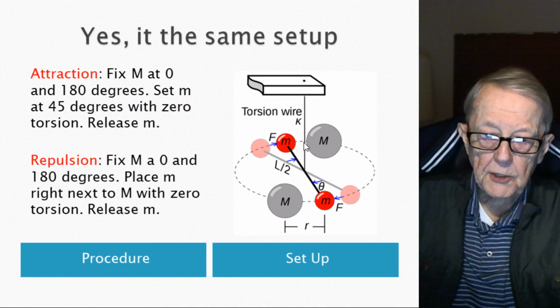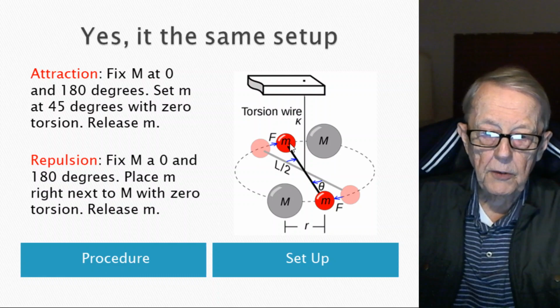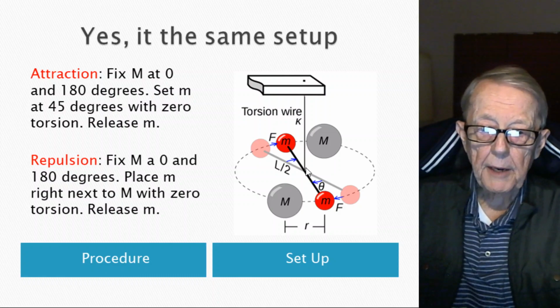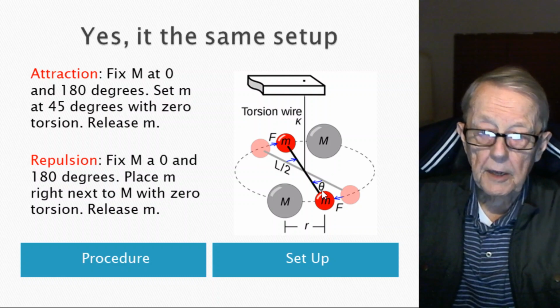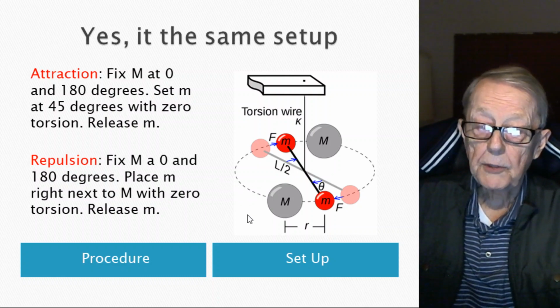And so when it's set there, then you bring this one up to that same point. And what's going to happen if this is a north pole and a north pole is it's going to push away and the torsion force is going to pull it back. And again, the torsion constant times the angle is going to give you that force, and you're going to get the force of repulsion.